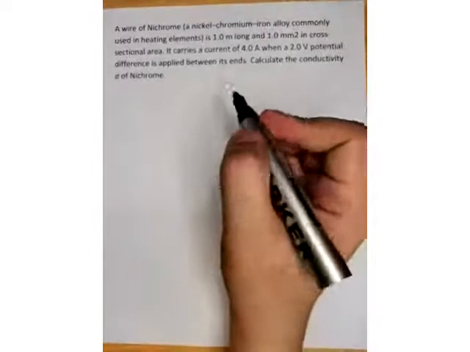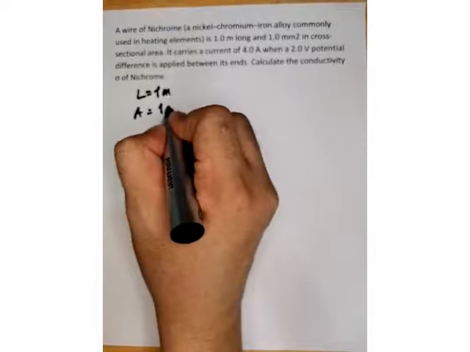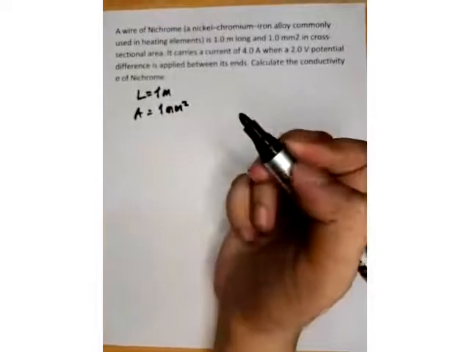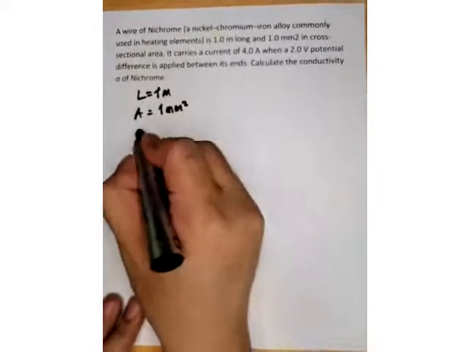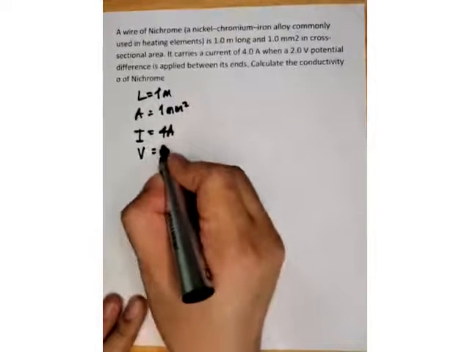Okay. So ano ang given natin? So it's the length is 1 meter and then the area is 1 millimeter squared and then the current is 4 amperes and then the voltage is 2 volts. So tinatanong ay ano ang conductivity.